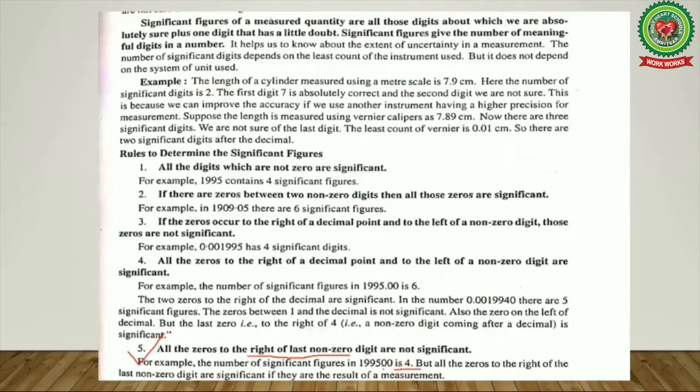We are not taking the 00 into consideration. But all the zeros to the right of the last non-zero digit are significant if they are the result of measurement. If we are using some kind of instrument which has accuracy up to this place, then it will be significant. Otherwise there is no significance of the last two zeros on the right side of a non-zero number.